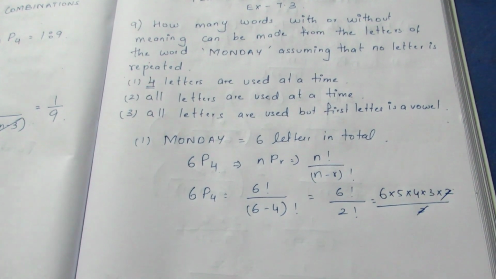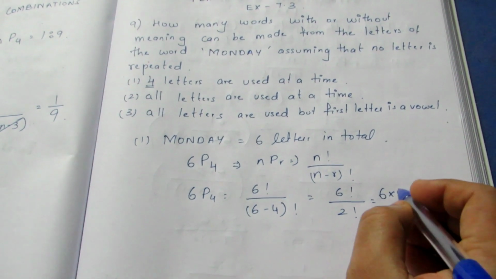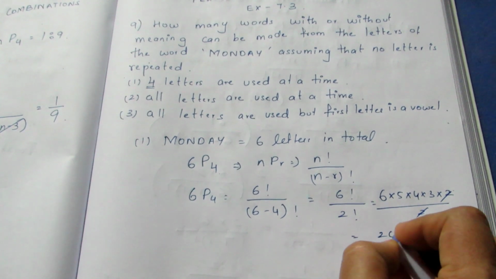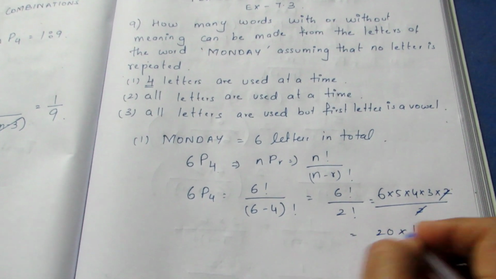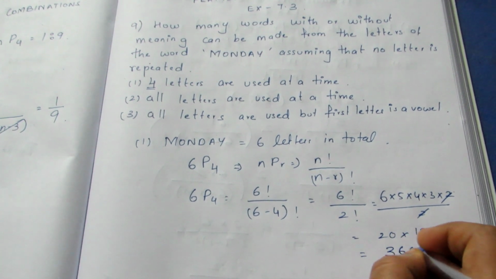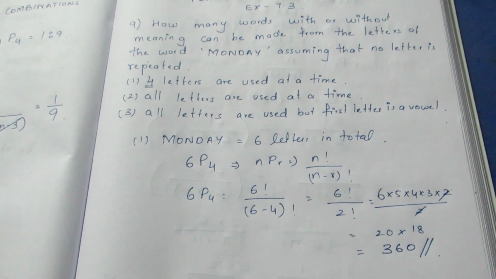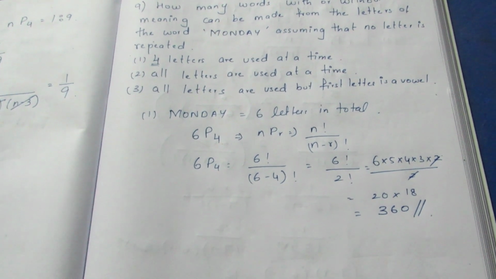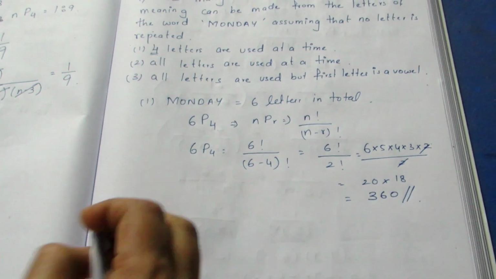This gets cancelled. Now we need to multiply. 5 4s are 20, 6 3s are 18. Now this becomes 360. So the number of ways of selecting 4 letters from a 6 letter word is 360 without any repetition. We'll move on to the second one.